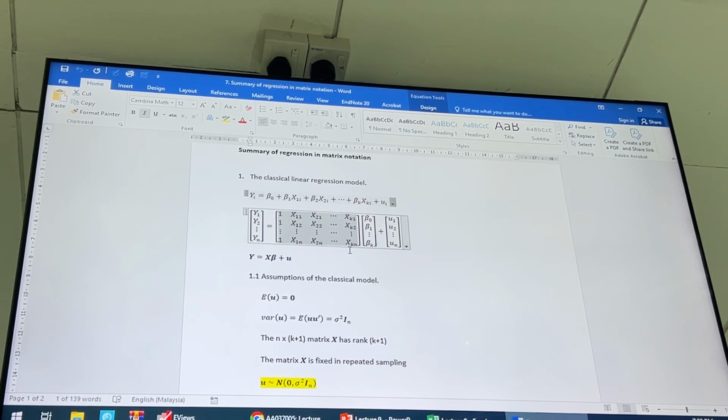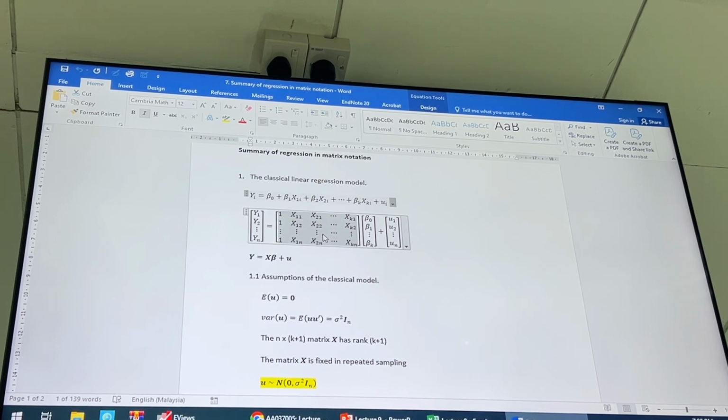You have the X matrix, which has the first column all equal to 1, followed by our independent variables. So we cannot have linear dependence between them. Otherwise we have the problem of collinearity, multi-collinearity, the one that we discussed earlier, whether it's perfect or imperfect. If the linear dependence is exact, then that's what we call perfect collinearity.